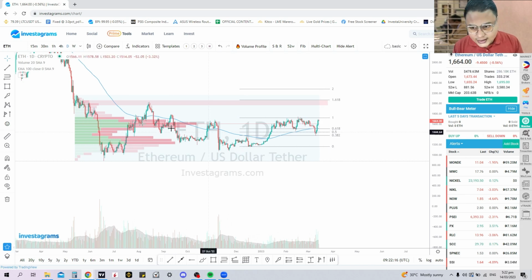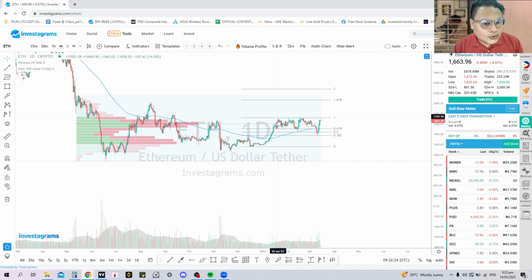So, in this case, based on this trading range, ito yung point of control natin, which is at 1596. Pwede mo namang i-treat yan as a range. So, right now, based on this volume profile trading range, price is above the point of control.